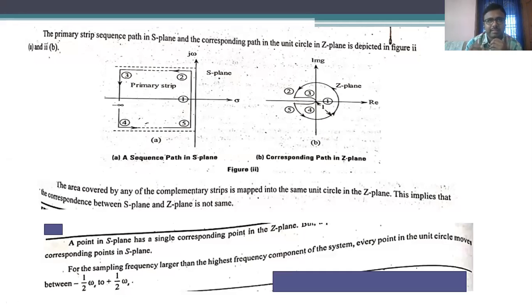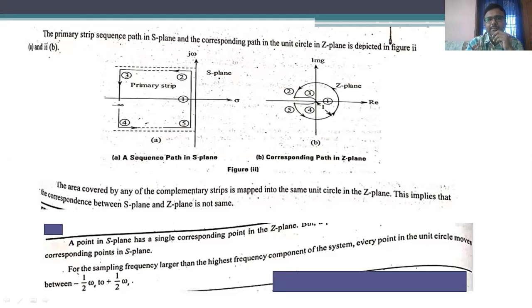Here, these complementary strips are not going to be mapped within the unit circle of the z plane. The poles presented in the complementary strips are not placed within the unit circle, and it implies that the region surrounded in the S plane and the z plane is not the same.